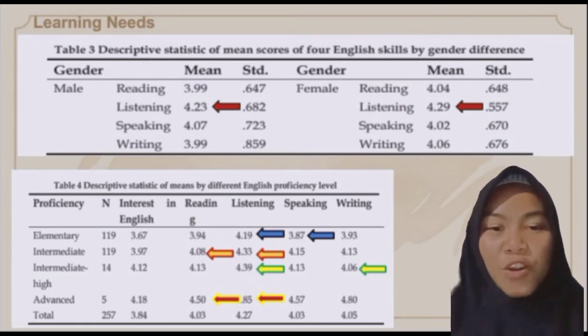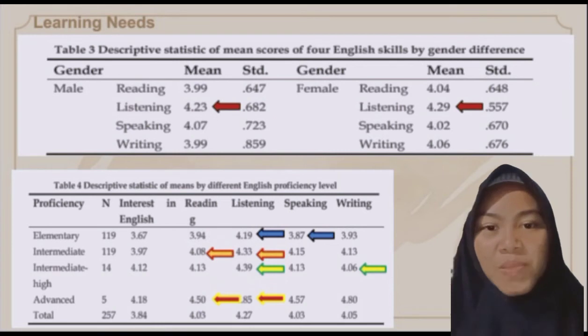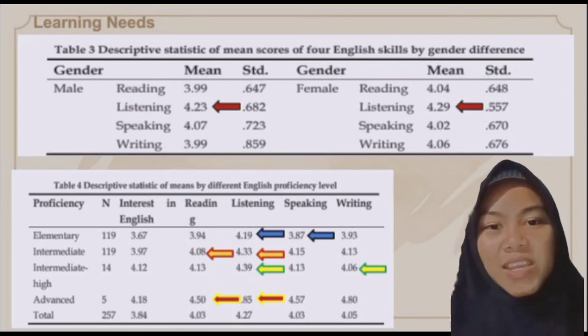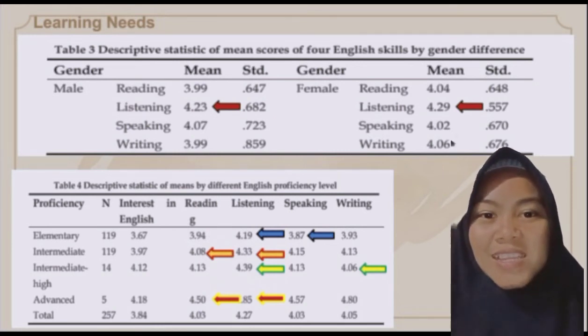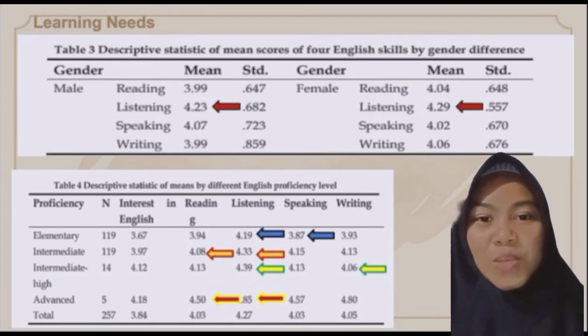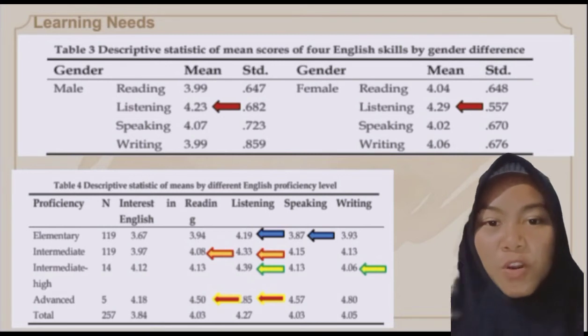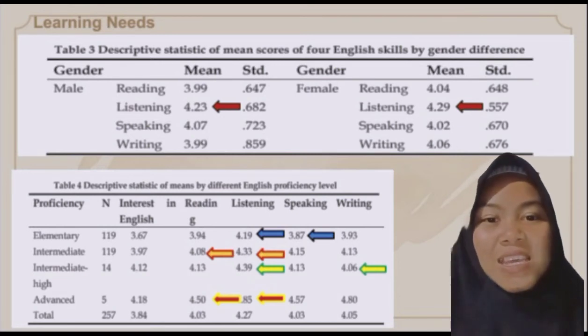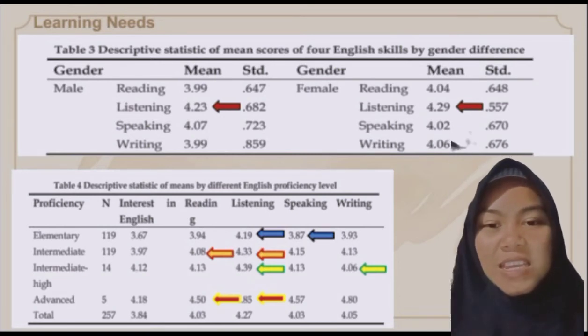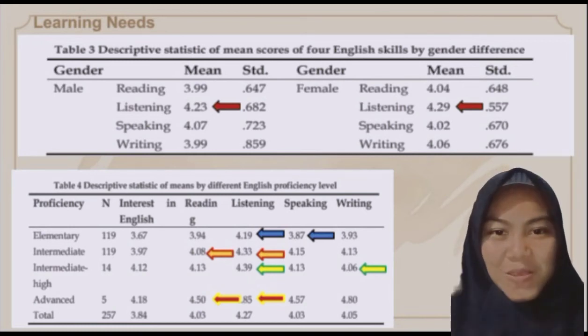And then for advanced level, the higher score is also in listening, with the score 4.85, and then lower in reading, 4.50.